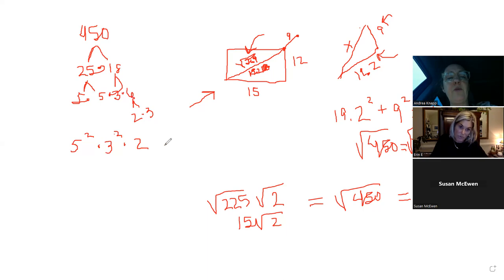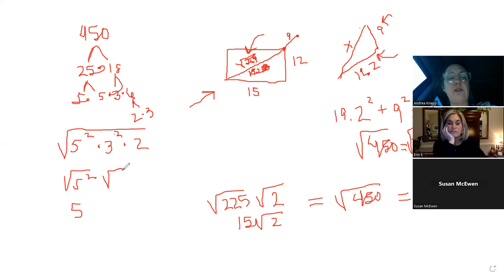But now, when you're ready to find what you can take the square root of, or what simplifies, it's the square root of all of this, right? And you can just break that down now. You can do your square root of 5 squared, there's just 5. Your square root of 3 squared is just what?